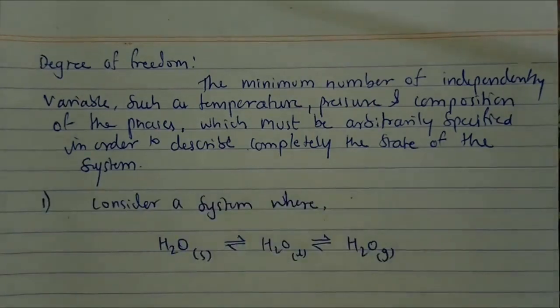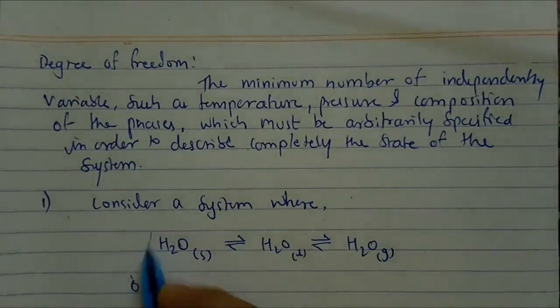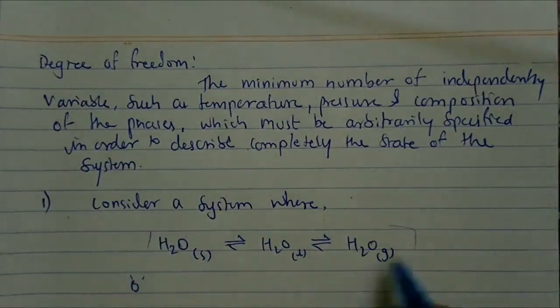Now consider a system where you have solid water, that is nothing but ice, liquid water and gas. If these three phases exist together, you can imagine all three phases are together. This type of system, what is the degree of freedom? It will be zero variant, because it will occur only at a particular temperature and a particular pressure.